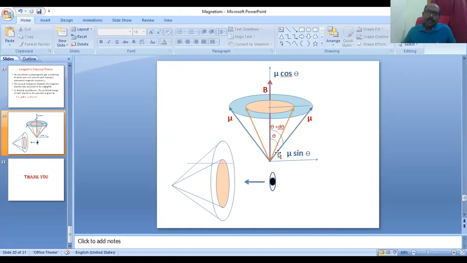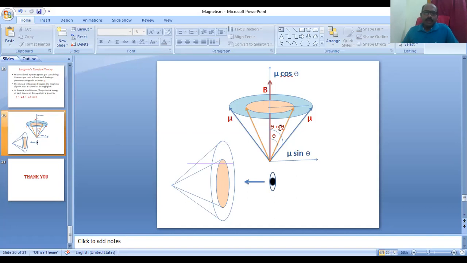The component of magnetic moment along the field direction is mu cos theta only. So this component contributes to the magnetization of the substance, since the perpendicular components cancel out and only these survive. This mu cos theta is responsible for the magnetization of the solid.